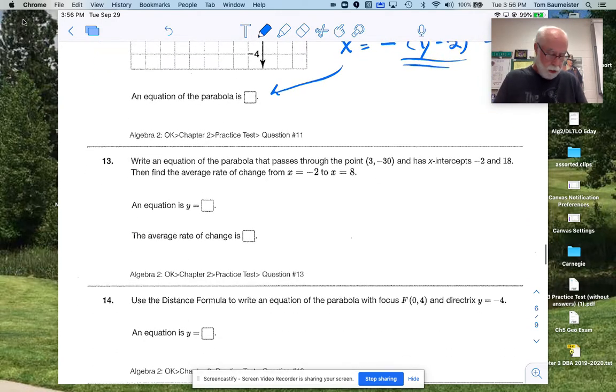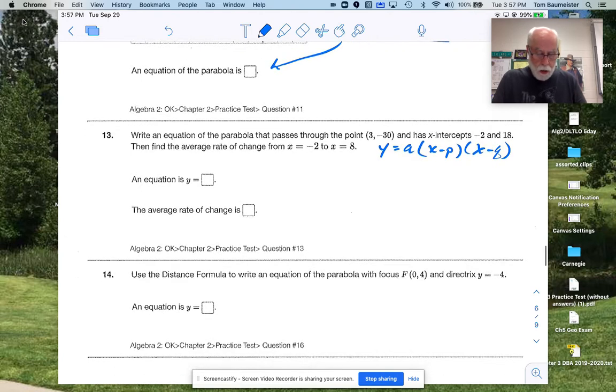Okay, so on this one here, write an equation of the parabola that passes through the point 3 and -30 and has x-intercepts -2 and 18. So remember, the minute they tell us that it has 2 x-intercepts, we're going to use the x-intercept form, which is y is equal to a times x minus p times x minus q.